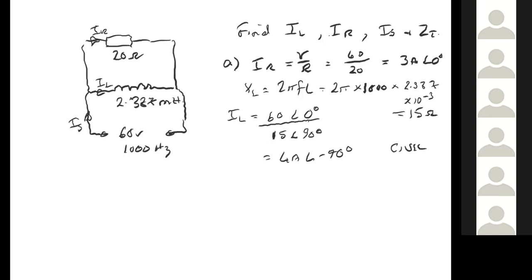So what we can then do is add those two currents together. Now, what's our favorite way of doing that? Separately. IR is equal to 3 angle 0 degrees.